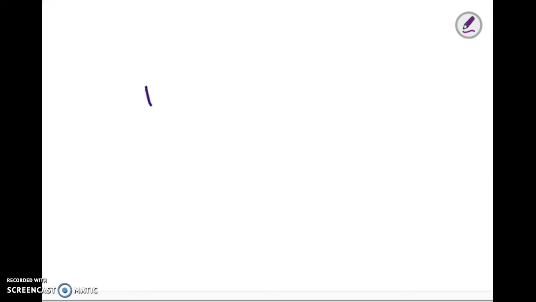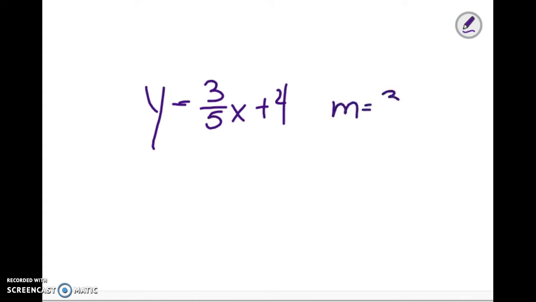So if I had an equation like y equals 3/5 x plus 4, what is my slope in this equation? 3/5, right? Can anybody create an equation that would be parallel to this? Same slope, but a different y-intercept. What do you think we could have?